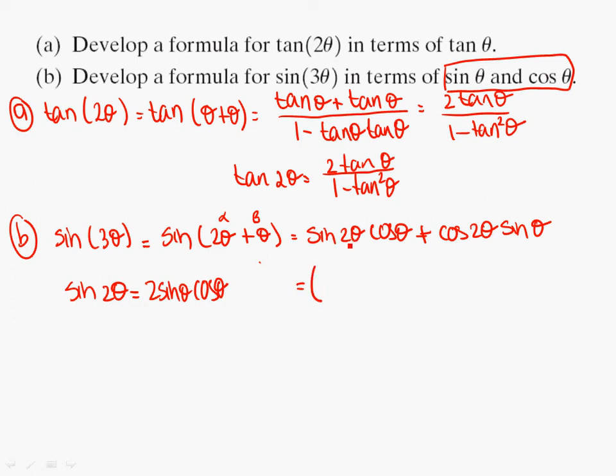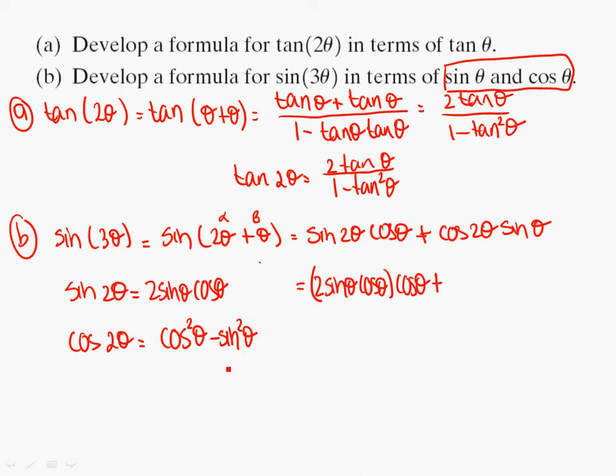So the sine of 2 theta, I'm going to replace that with 2 sine theta cosine theta times the cosine of theta plus the cosine of 2 theta, and you want me to use the cosine squared minus the sine squared? Is that where you were leaning towards? Okay, we'll use that. So that's the cosine squared minus the sine squared, right?